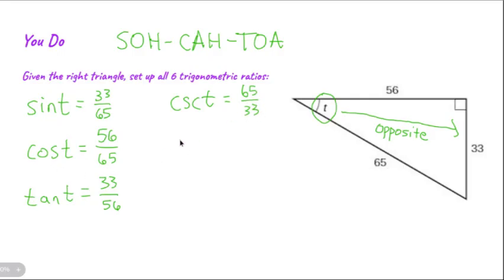We have secant T. That's the one that's reciprocal to cosine. So that's 65 over 56. And then we have cotangent T, which is the reciprocal, 56 over 33.